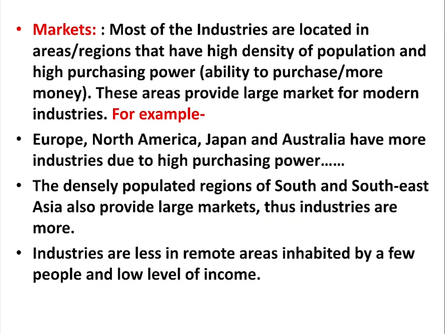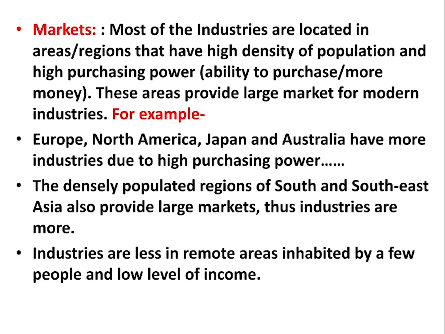High density of population means, for example, as per the 2011 census, India has 1.2 billion people. If one person buys one good, that company will earn a huge profit. That is high density of population. They are the market.